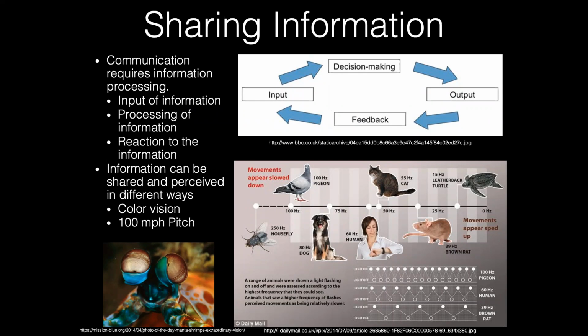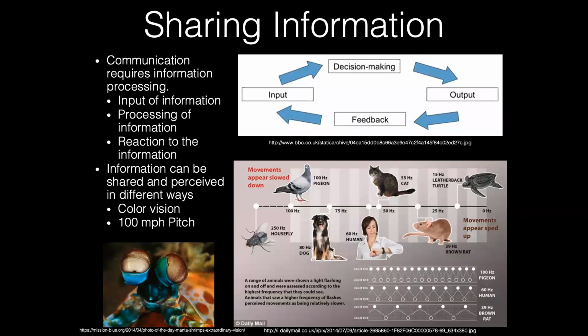And there are all sorts of different ways that we interact with the world around us, and we have input from that world around us. So I like the example I have down at the bottom. That's a mantis shrimp's eye, which are just crazy, super weird, and super cool. So humans, our color vision, we see in 3 different color spectrums. The mantis shrimp, its eyes are just weird.